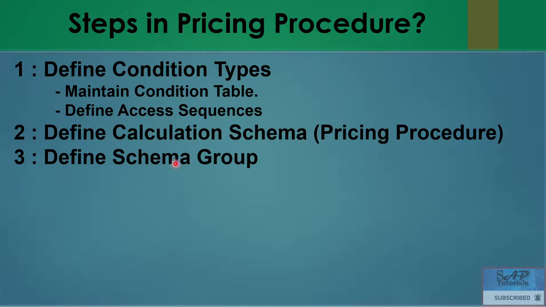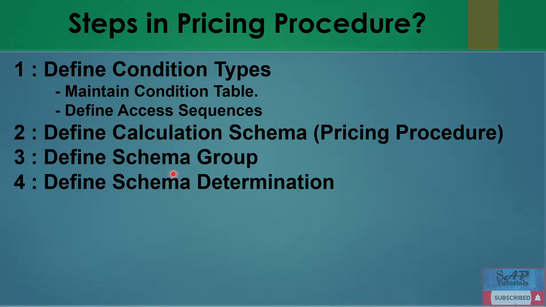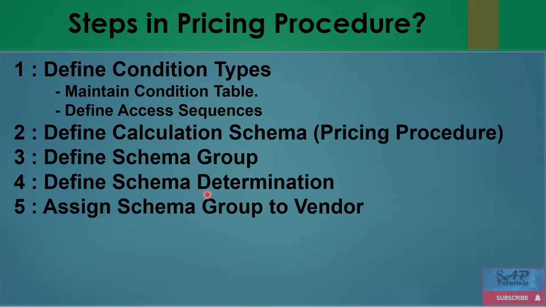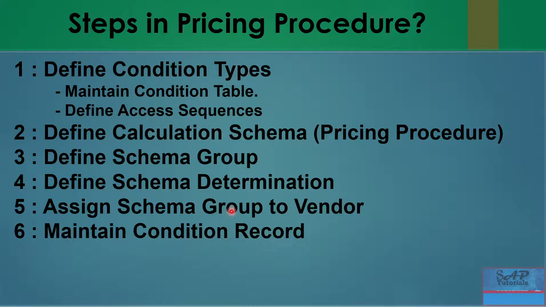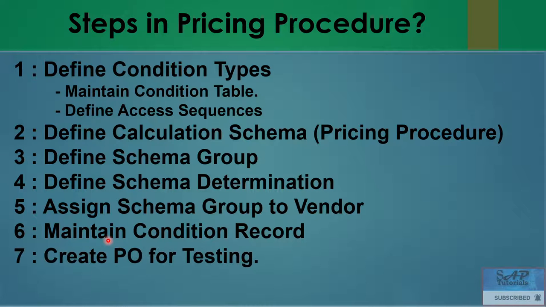Then we define the schema group. Under schema group we define the vendor schema group and the purchasing organization schema group, and we club them together along with this pricing procedure. Then we assign the defined schema groups to the vendor, and in case we are going to use some predefined condition, we maintain condition records with the help of a certain T code that we will see next, and then we test this pricing procedure.